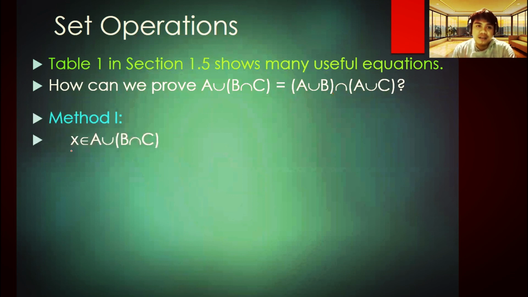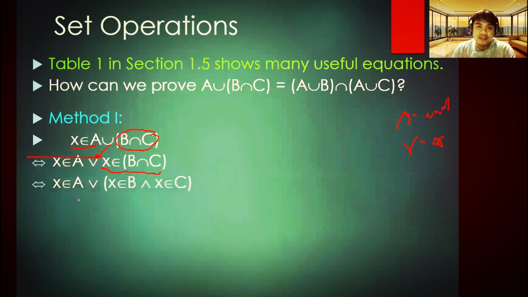In method 1, X is an element of A union with B intersection C. And ibig sabihin nito, X is element of A, or X is element of B intersection C. So, yung union will be equivalent to OR. Remember, kapag OR is union, and kapag AND is intersection. So, ito. X is element of A, or X is element of B intersection C.